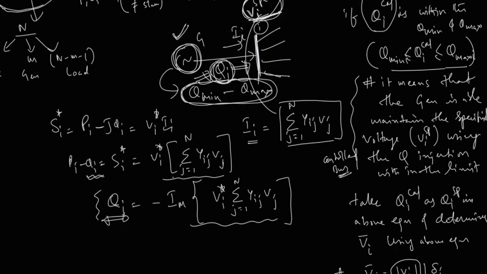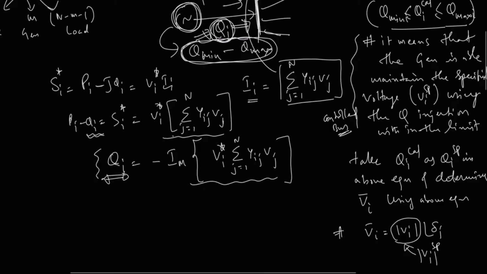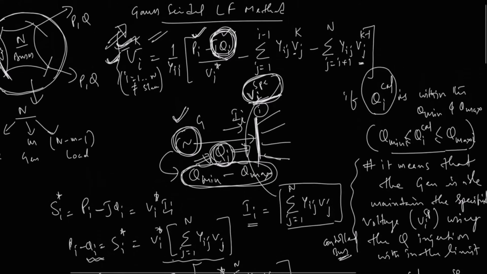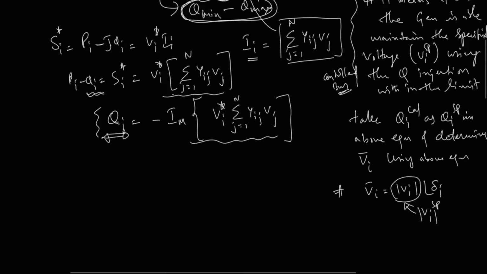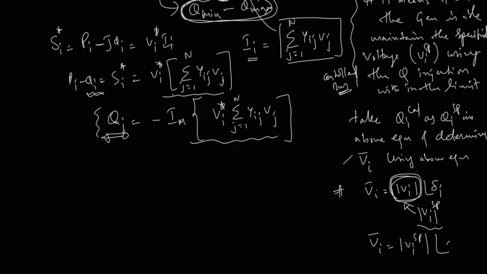Under that condition, take this Q calculated as Q specified in this equation and find the voltage V_i. After calculating the voltage V_i, the correction is that you have to replace the magnitude with the specified quantity and take the new V_i voltage as V_i specified at an angle delta_i. Delta_i is as it is, not changed, but only the magnitude is replaced by the specified quantity.